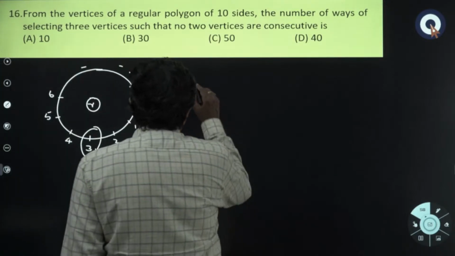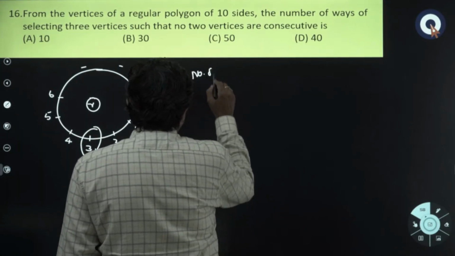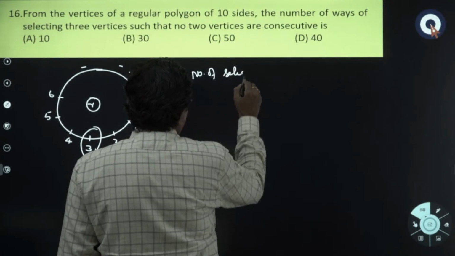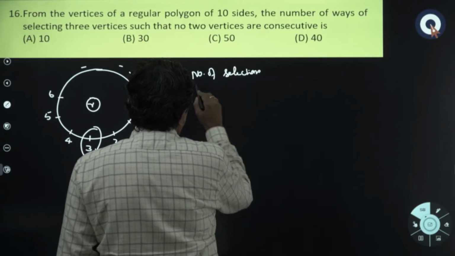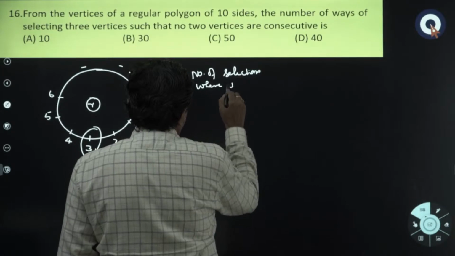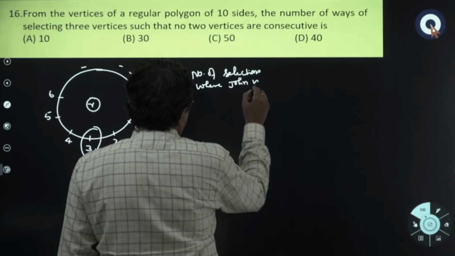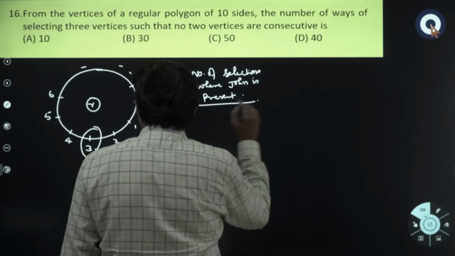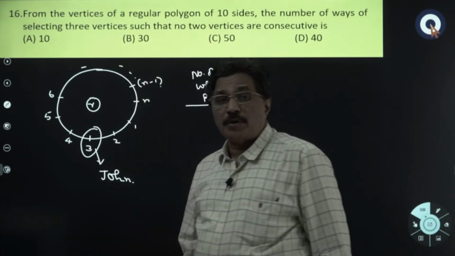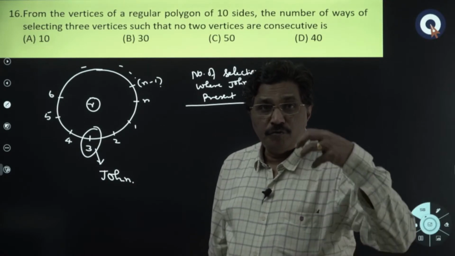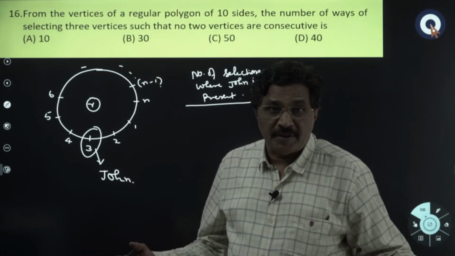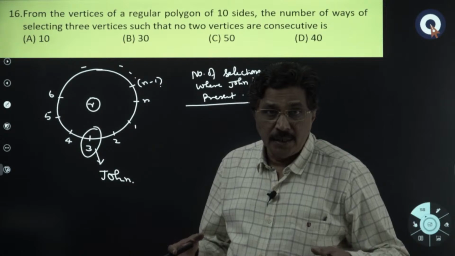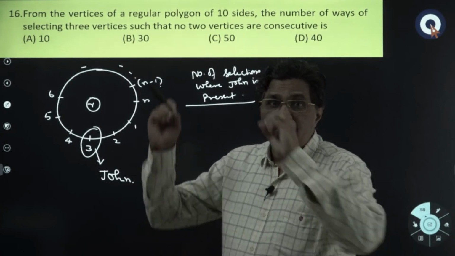Now, the number of selections where John is present. If John is to be present, his neighbors can't be present. Remove John and his neighbors from the ring. Ask John to sit here, and the neighbors are thrown out.